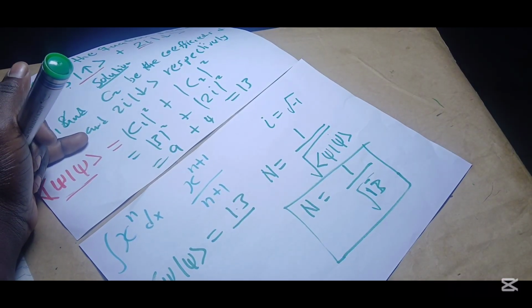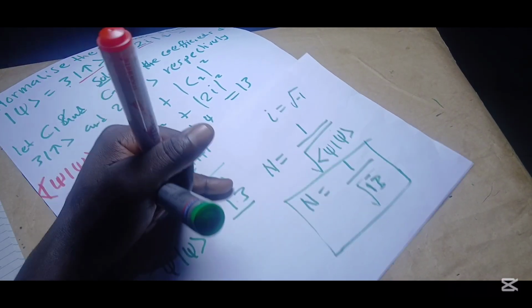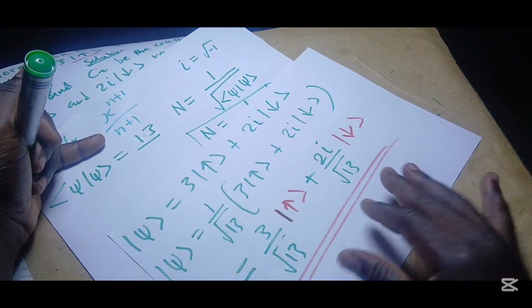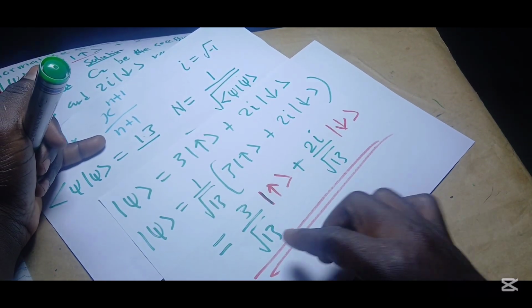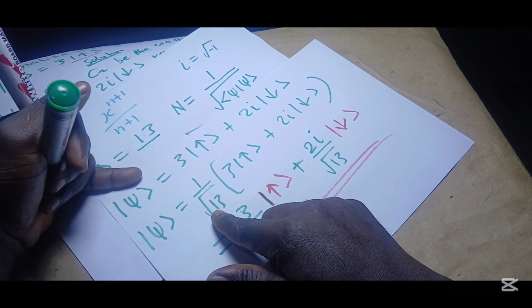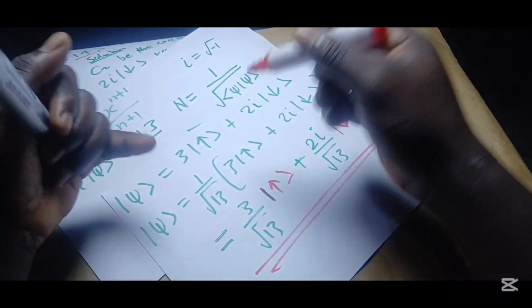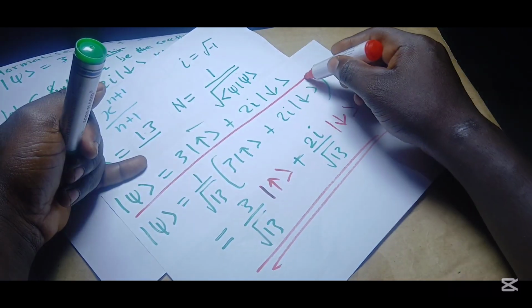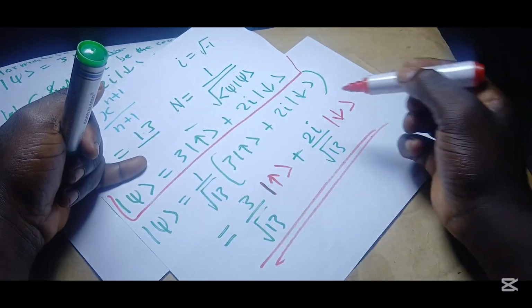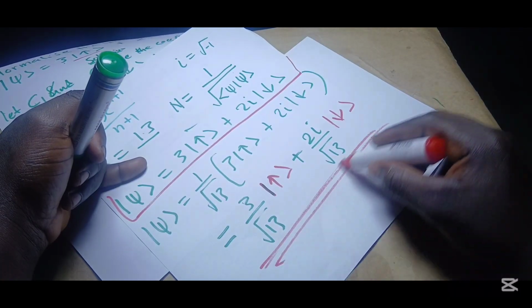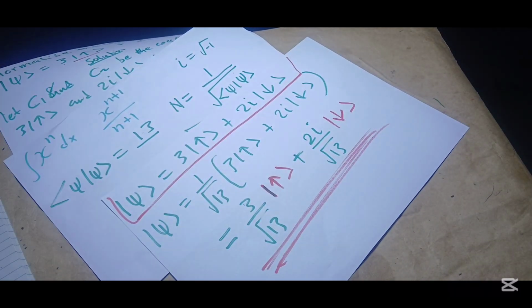The last step is to multiply the normalization constant by the state given to you to normalize. Multiplying through gives us this, and this is our normalized wave function.